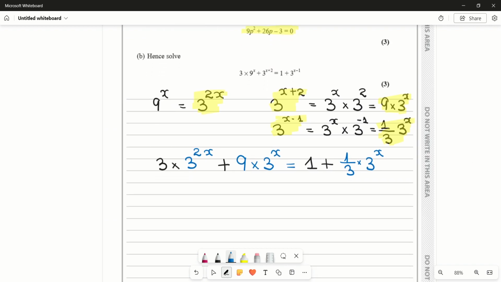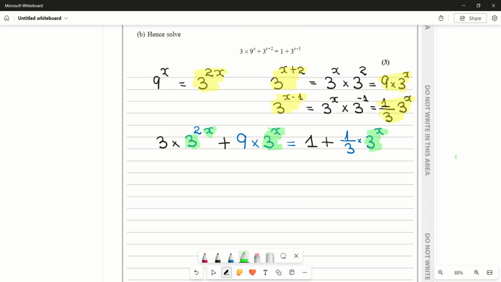Now I can use the substitution, so therefore I can replace 3 to the power of x by p, and therefore this will become p squared in here. So if I write it down, I have 3p squared plus 9p equal to 1 plus 1/3 multiplied by p.